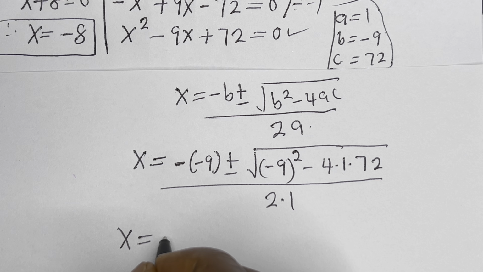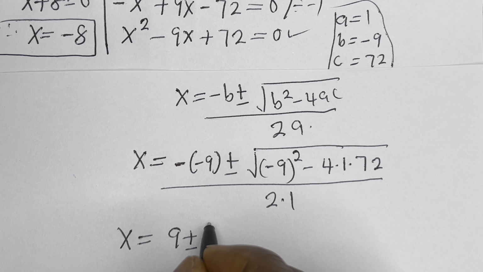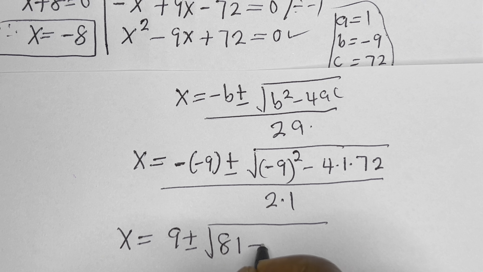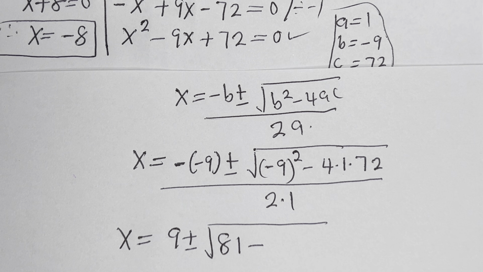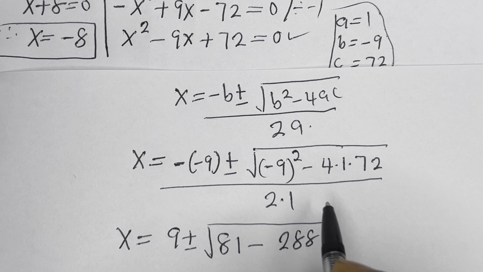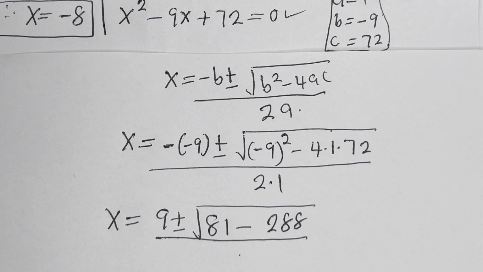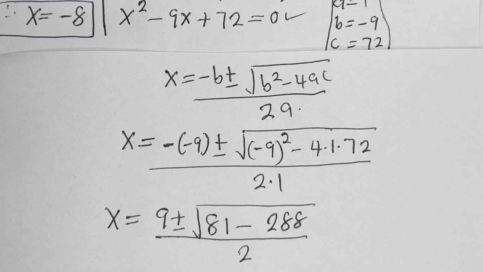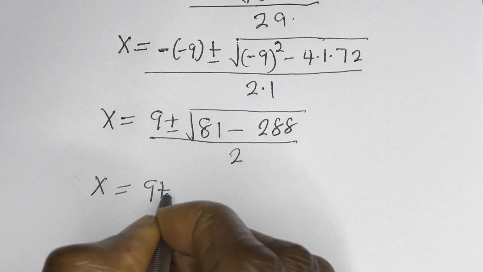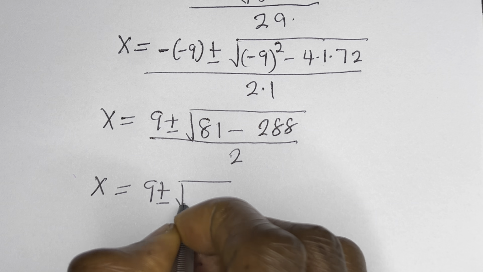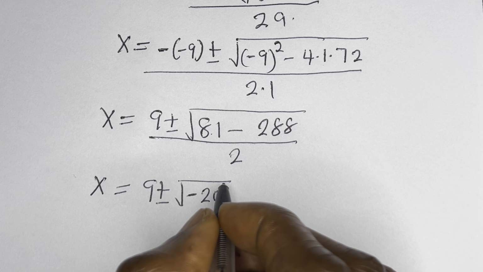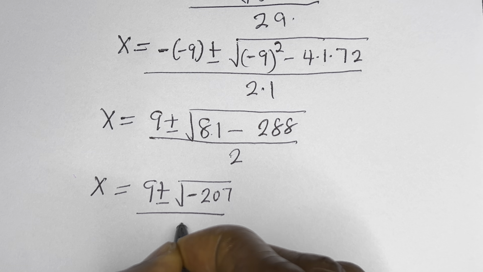s is equal to 9 plus or minus square root of minus 9 squared, that is 81, minus 4 multiplied by 1 multiplied by 72, that is 288, over 2 multiplied by 1, 2. s is equal to 9 plus or minus square root of 81 minus 288, that is minus 207 over 2.